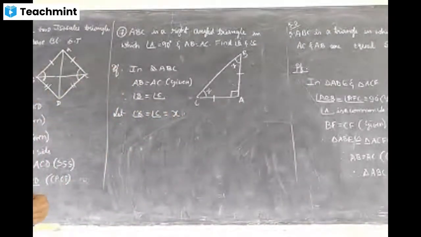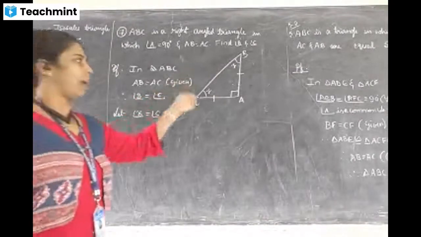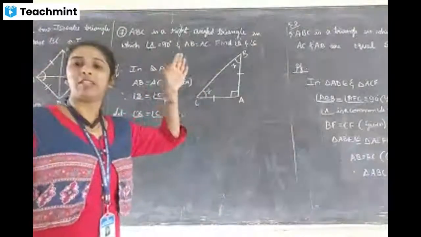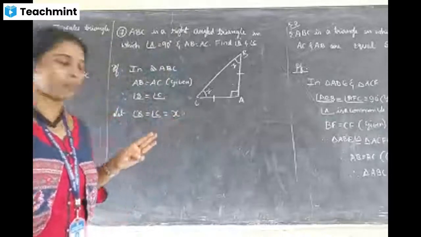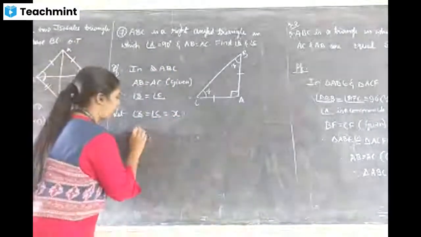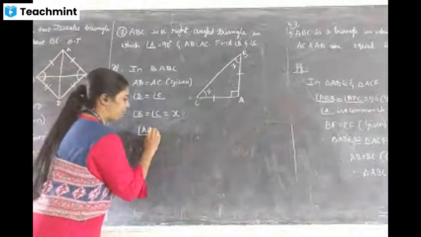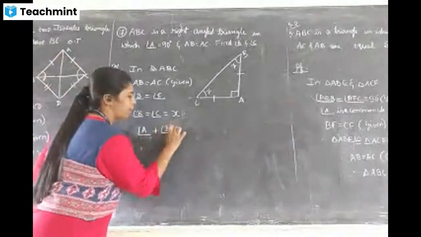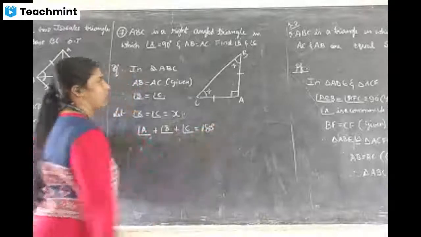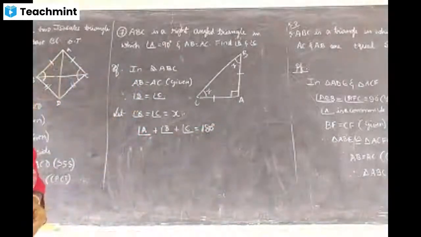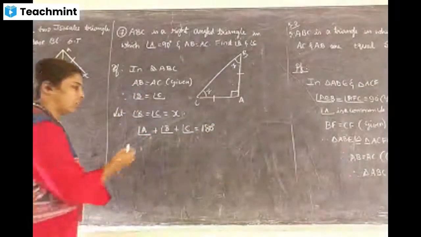Now what can I do? I will take the three angles of the triangle and add. Sum of three angles of a triangle is 180 degrees as we know. So, angle A plus angle B plus angle C is equal to 180 degrees.